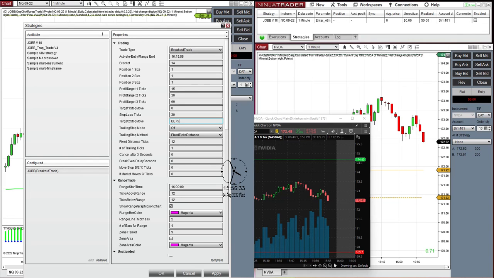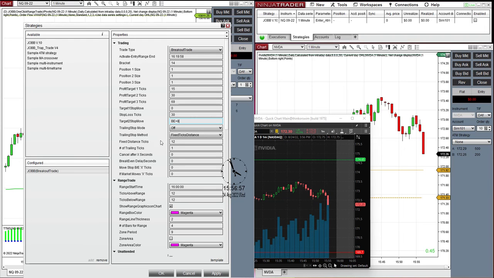If my second target gets hit, break even plus 5, because that's a 30 tick target. I even have 8 in my notes. Okay. So that means if it hits your second target, that's 30 plus 8 ticks.